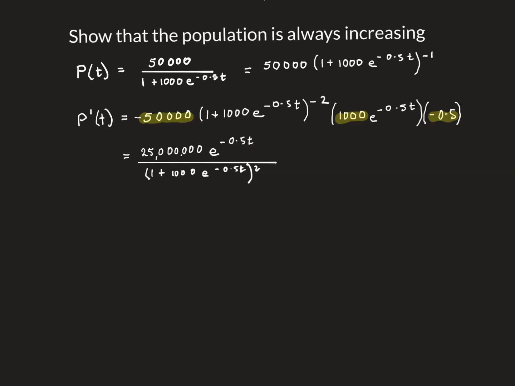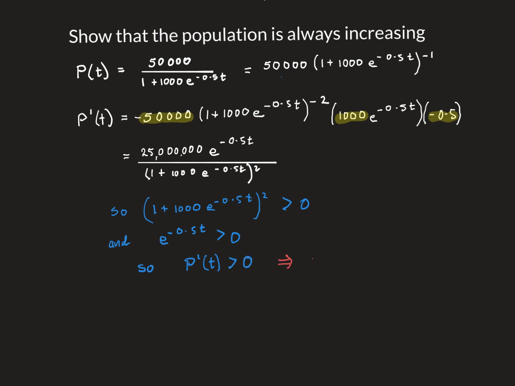And it's obvious that the denominator will always be greater than 0 because it's squared. And the numerator is always going to be greater than 0. So the derivative function must always be greater than 0.